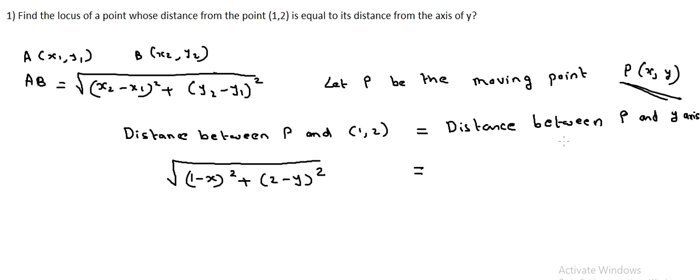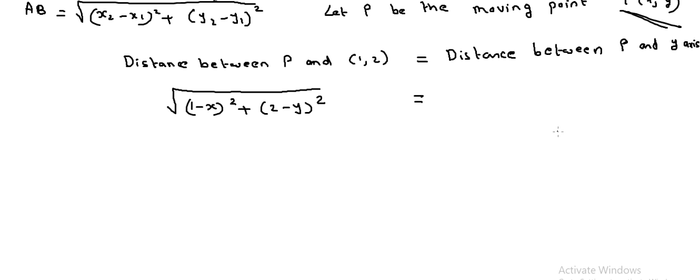This is equal to the distance between P and the y-axis. So let us draw this: this is our x-axis and this is our y-axis. Let this point be P, that is, P is the point (x, y). Since the x coordinate of P is x, we draw a straight line here, and this distance will be x units.